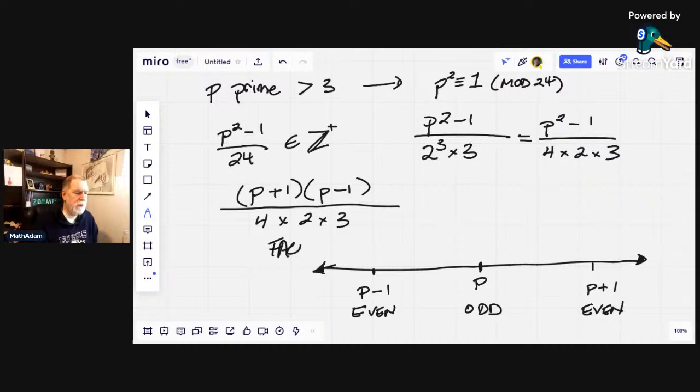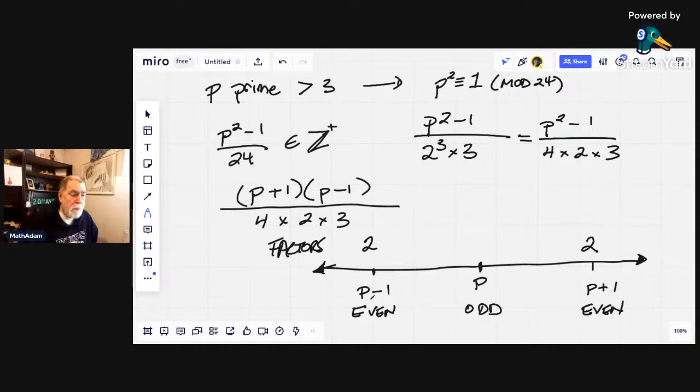Okay, so now let's look at factors. Let's write some factors up here. These numbers both have 2 as a factor. Now, numbers with 4 as a factor, it's every other even number.